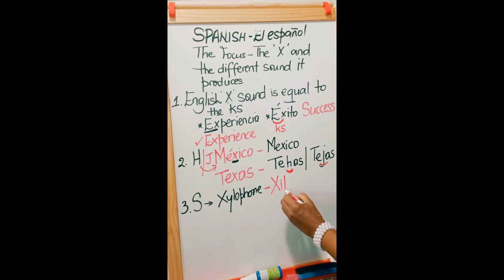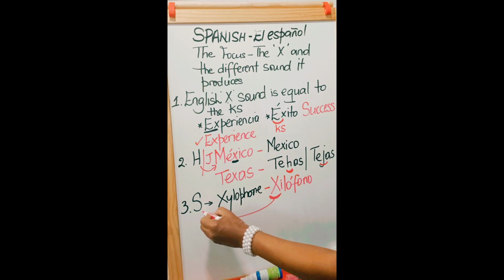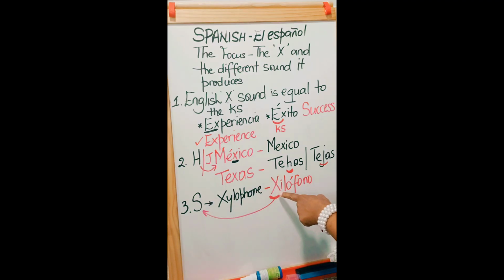XILO with the accent over the O. And you know you have to emphasize or stress that O when you're pronouncing it. FONO. So the X in this word actually is pronounced with an S sound. Xilófono. Say it with me. Xilófono. Here it is. Xilófono. S sound.